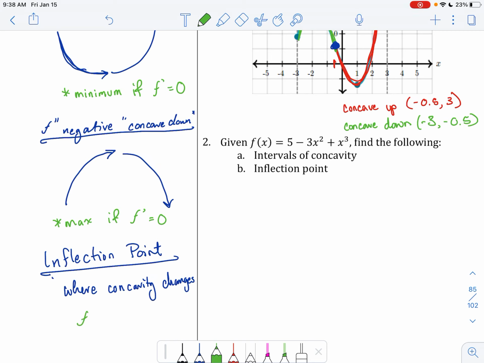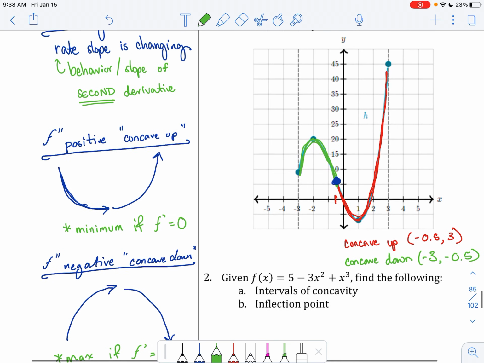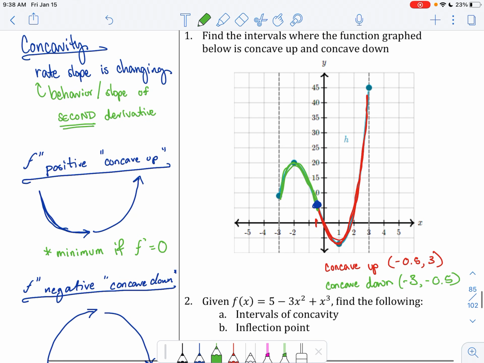And just like before, we're worried about where the second derivative is equal to 0. And it's not all the places where the second derivative is equal to 0. It's where it also changes from positive to negative or negative to positive, right? It's where it's doing a change. So that blue point there is approximately the point of inflection of our graph in number 1.